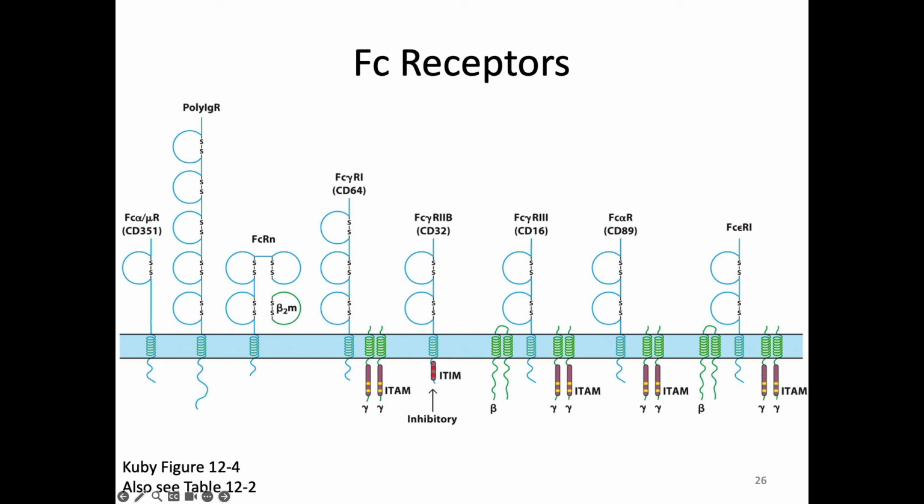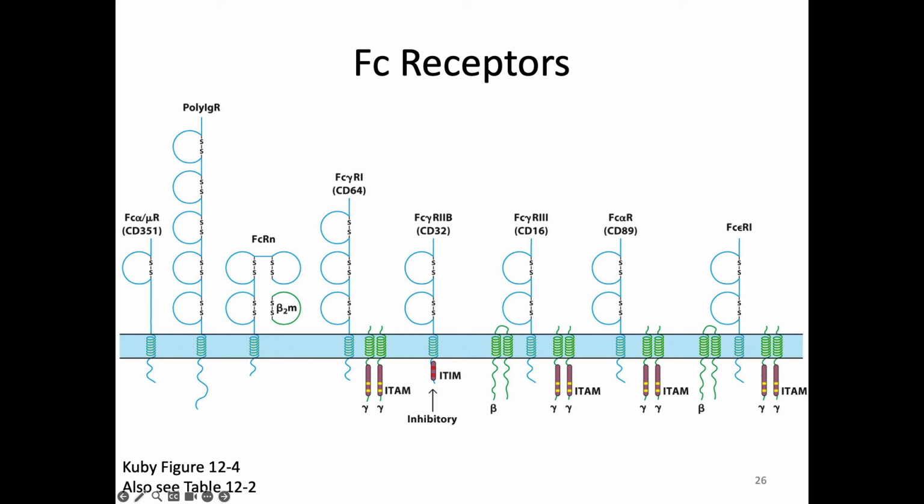You can see a bunch of different Fc receptors here. Many of them are immunoglobulin domain containing proteins. And you can also notice that some of their names have things like Fc epsilon, Fc alpha, Fc gamma.